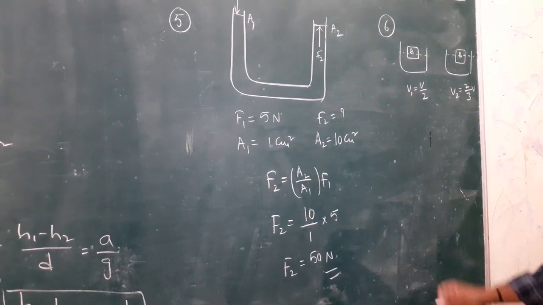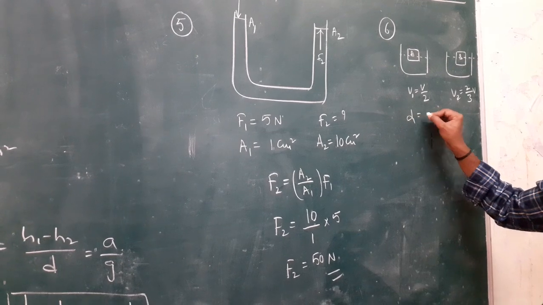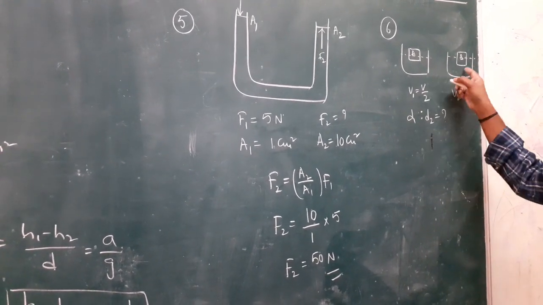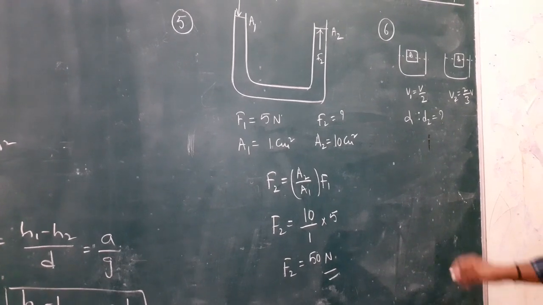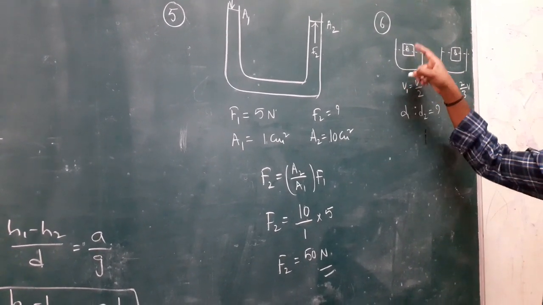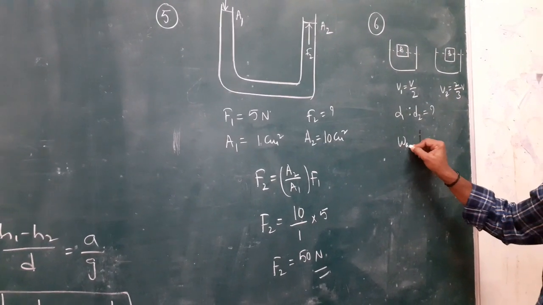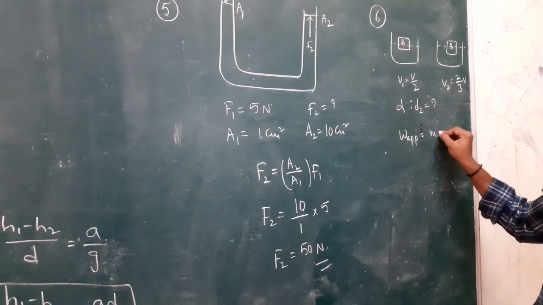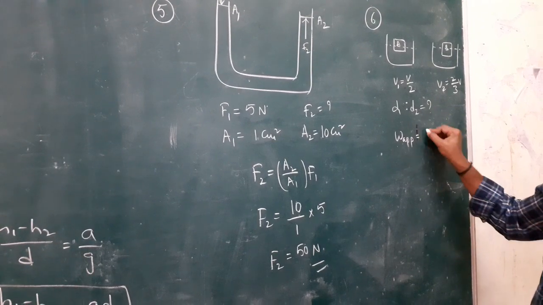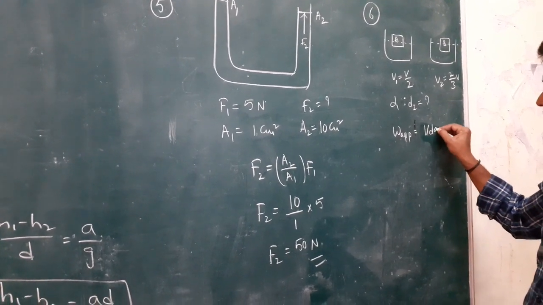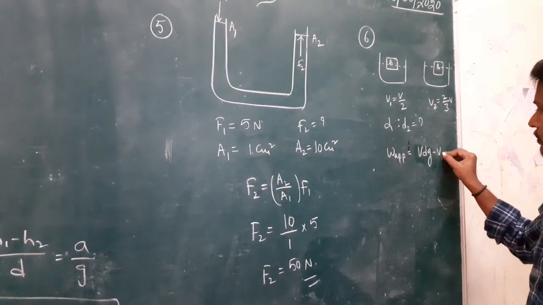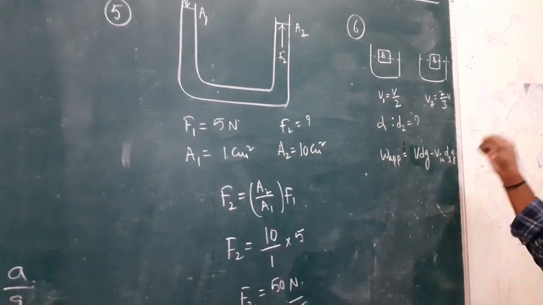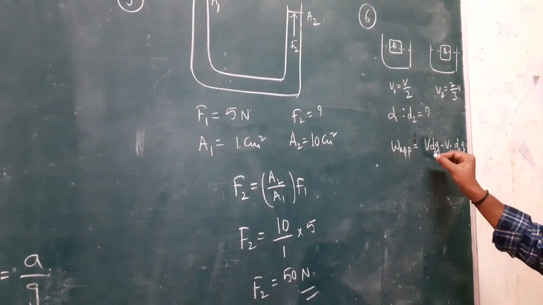Then calculate the ratio of their densities, d1 is to d2. Actually, whenever a body is floating in water, the apparent weight is equal to the original weight mg. That means V d g minus the volume of body inside the liquid into density of the liquid into gravity. Here d is the density of the body and V is the volume of the body.